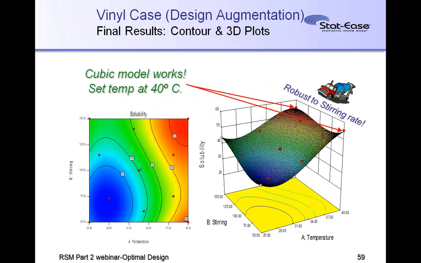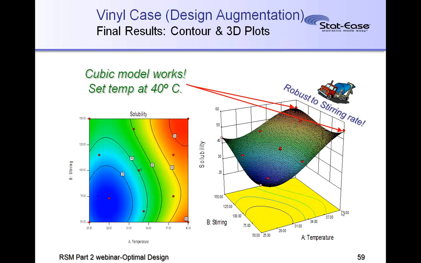And let's see here. If you look at that model again, here's a picture of it. To maximize our solubility, you want to go to these red points on the contour map, or the high points on that 3D plot. So that 3D plot is just showing your response floating on the z-axis, the up axis. So you want the high points.